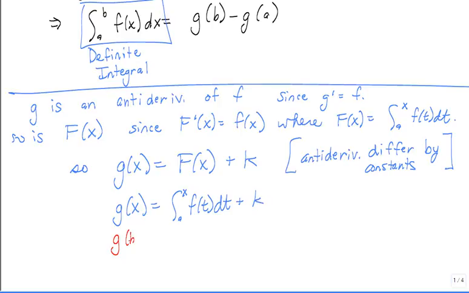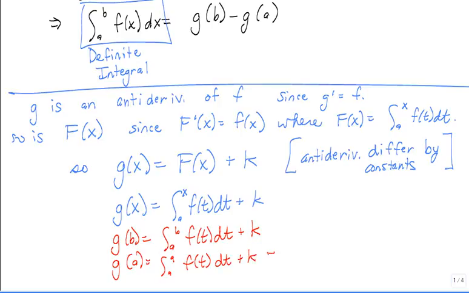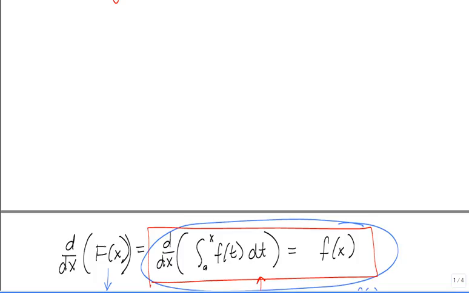Now g of b is the integral from a to b of f of t dt plus the constant, and g of a is the integral from a to a of f of t dt plus the constant. But when you go from the same number to the same number, that's 0, so that's just the constant. What do you get when you subtract those two?